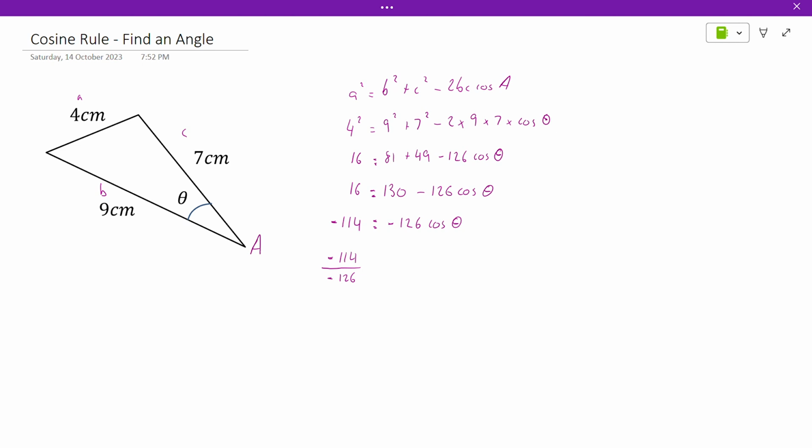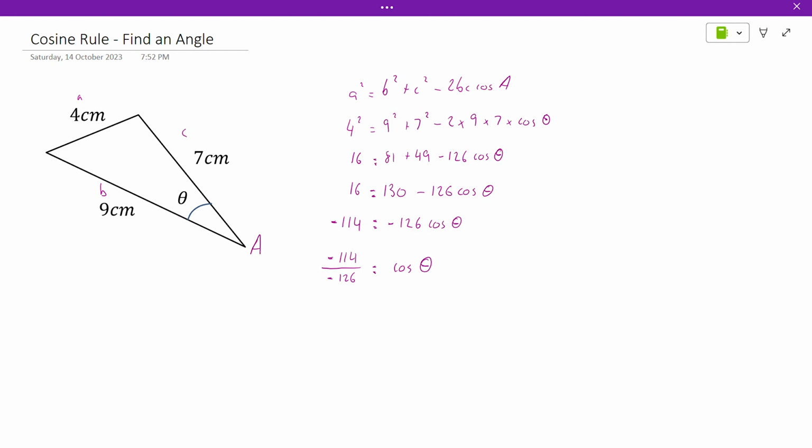So I'm just going to leave that as is, equals negative 126 times cos theta divided by negative 126. The negative 126 would cancel out, so we're just left with cos of theta.